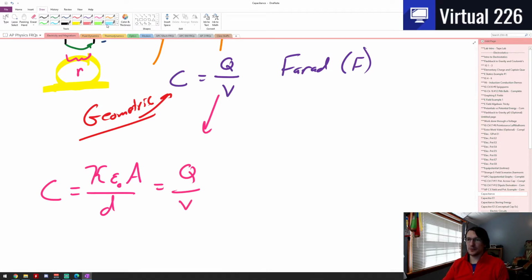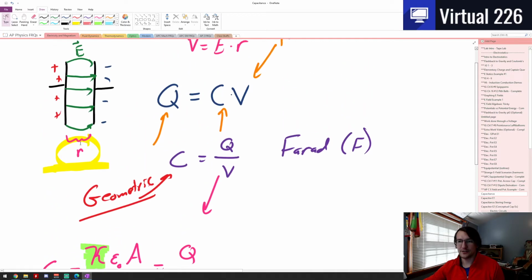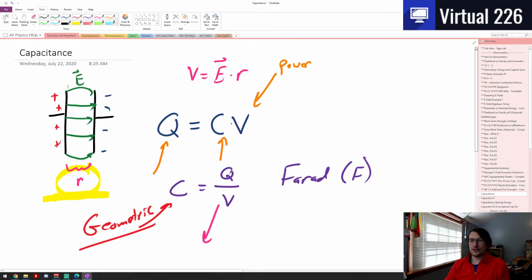Now, what are some of these terms here? Well, this kappa is what is known as the dielectric coefficient, and it's a constant. So right now, if we look at this parallel plate up here, we've got a metal plate, and there's air in between it, or a vacuum. Air might as well be a vacuum. But let's say in between them you stuffed it with, I don't know, a sponge.